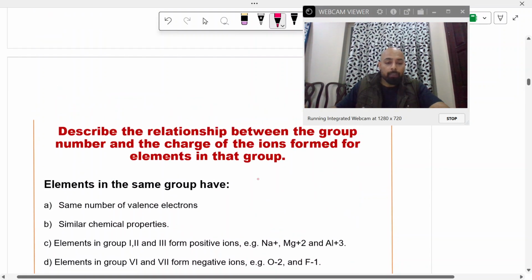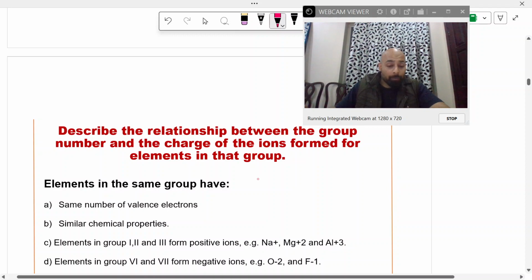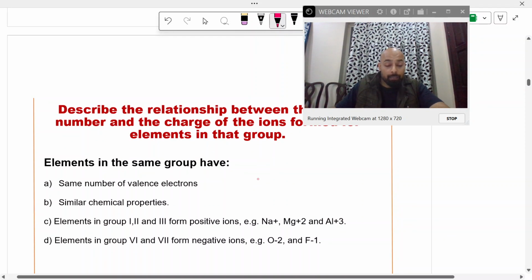Describe the relationship between the group number and charge of the ions formed for an element. Yes, this is a very important concept, and you need to understand this quite well.